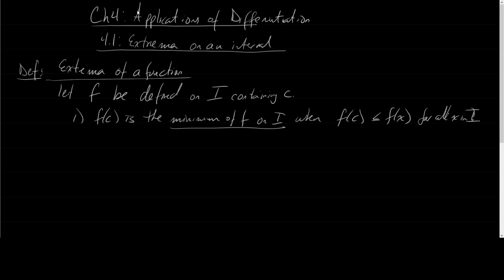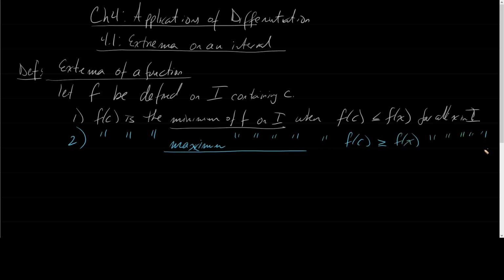Now, the next definition is very similar. So f of c is the maximum of f on I when f of c is greater than or equal to f of x for all x in I. So again, what does it say?